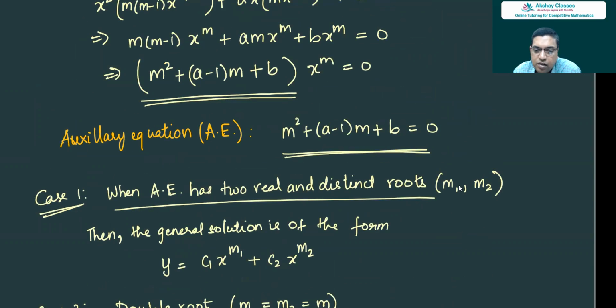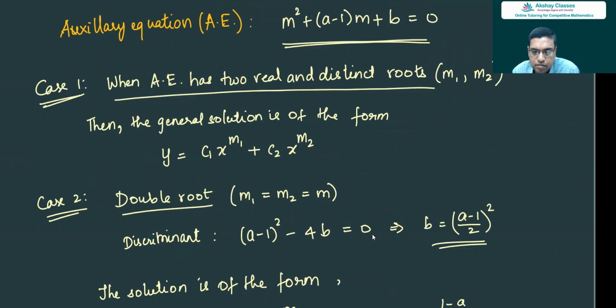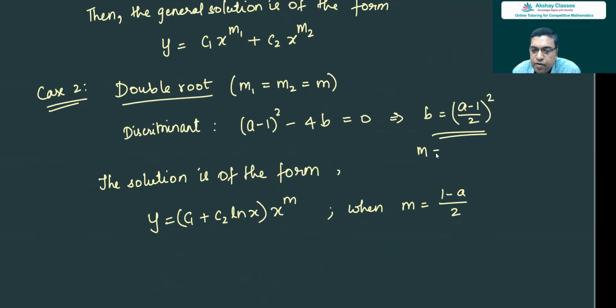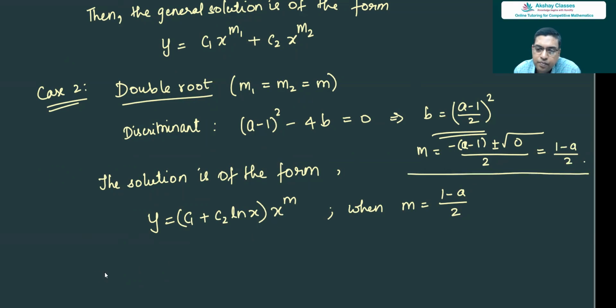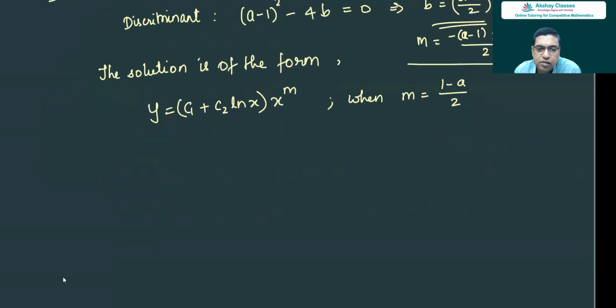If roots are equal, discriminant is 0 and m will be minus of b plus or minus under root of the discriminant by 2. Sorry, this is a minus 1. So this is 1 minus a upon 2. So this is the solution.